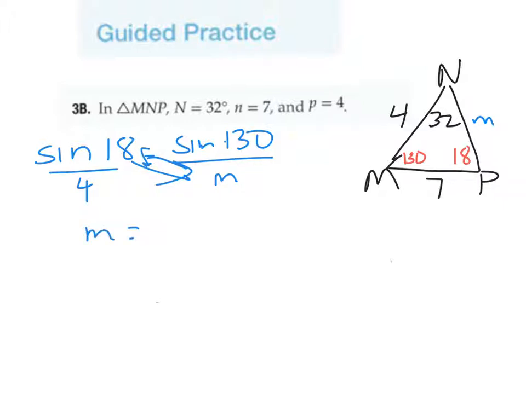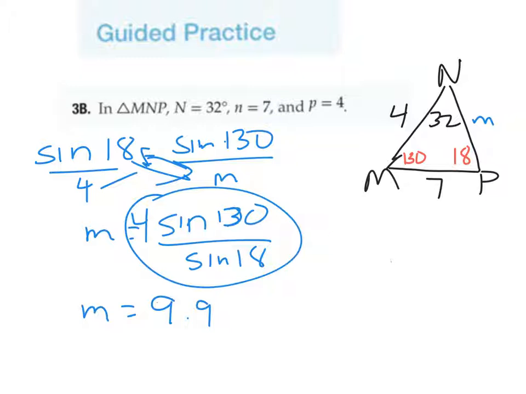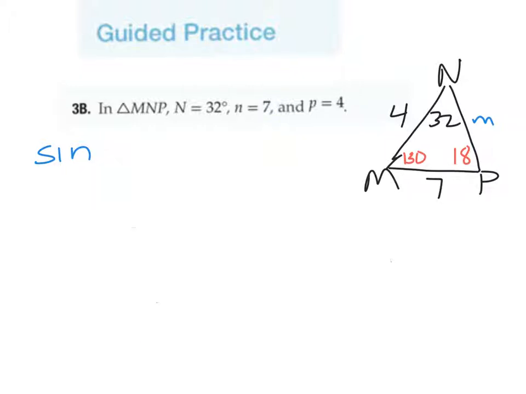So m becomes sine 130 over sine of 18, and this gets multiplied by this 4, so the 4 is in front. So now we're going to press this into our calculator, and that rounded to the tenths is 9.9. So m is 9.9. So we found all three angles and all three sides.